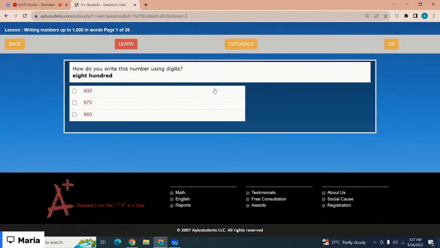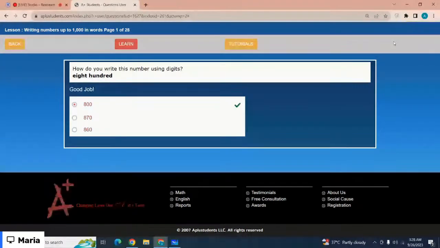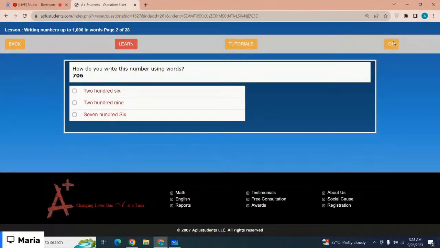Okay, how do you write this number using digits? 800, which is the correct option? One, two, three. That is option number one, right? How do you write this number using words, which is the correct option?